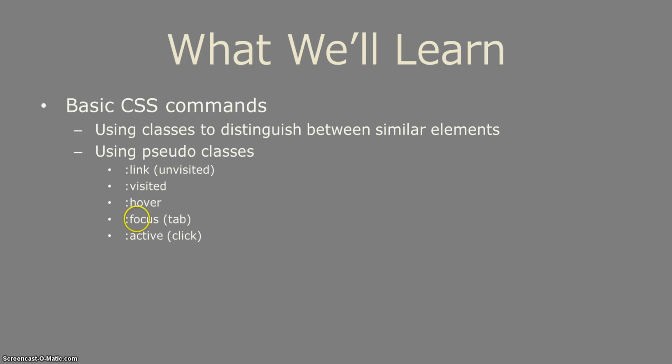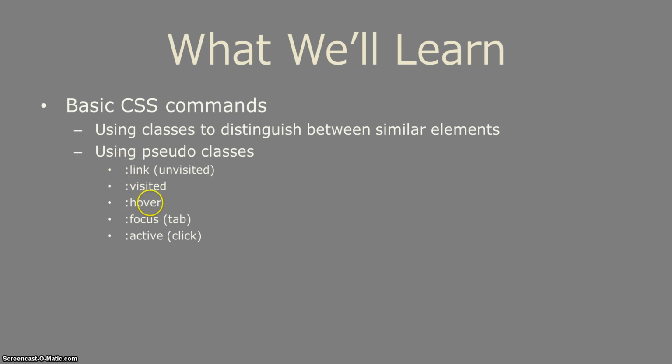Focus is when we tab over to a link. Maybe you've never done that before, but when you tab continually, you'll end up selecting all of the links in the document and it starts over. So when you focus, it's in reality when you tab. You can make something happen when you tab over a link, and you can also make something happen when you click a link. That's a pseudo class called active.